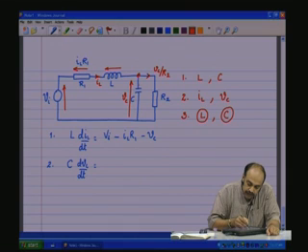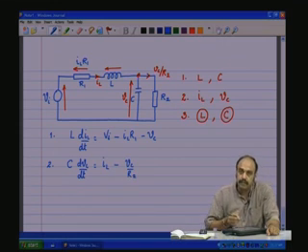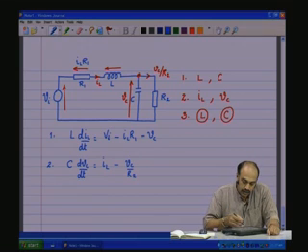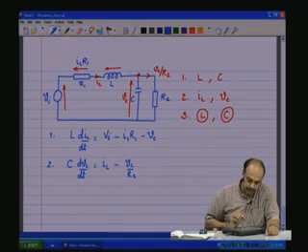So, therefore, the current flowing through C is IL minus Vc by R2, as simple as that. So, these two equations, there are two dynamic components or the energy storing components, and therefore, there are two equations, and these two equations totally describe the dynamic behavior of this circuit. However, we need to put it in the standard form, express it in the standard form.